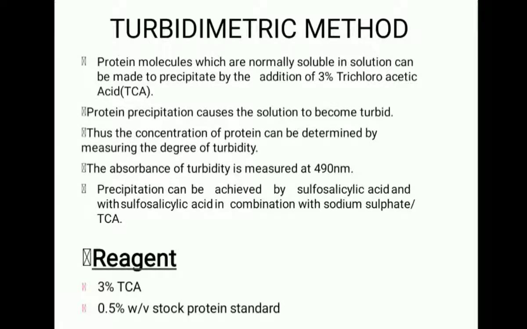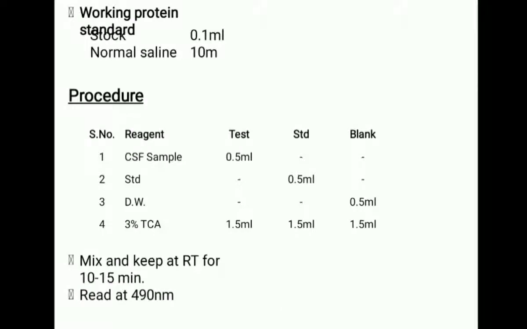Talking about the reagents used: 3% TCA, and 0.5% weight by volume stock protein standard. So we will prepare a working protein standard from stock, 0.1 ml. Normal saline will be 10 molar.